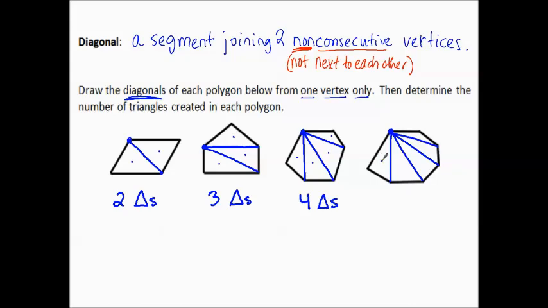This time I can create 1, 2, 3, 4, 5 triangles. Now our goal in this part of the lesson is to talk about the measures of the interior angles. We know about how many degrees a triangle's interior angles has, right? Every triangle, one triangle, its interior angles add up to 180 degrees.